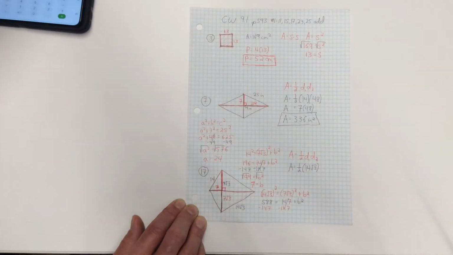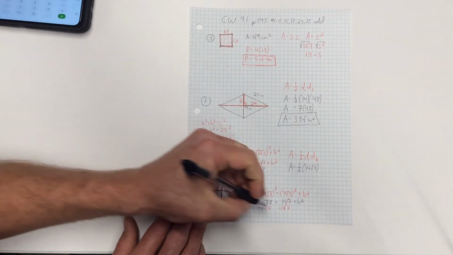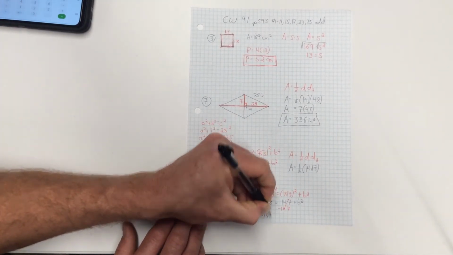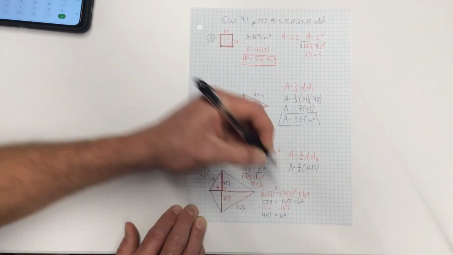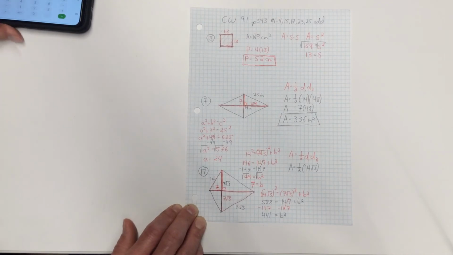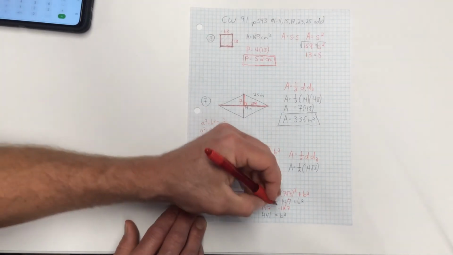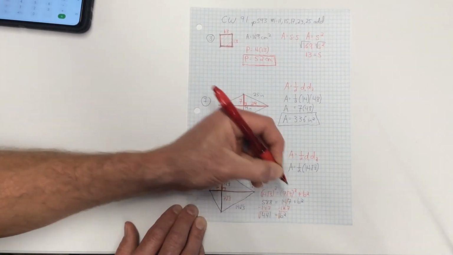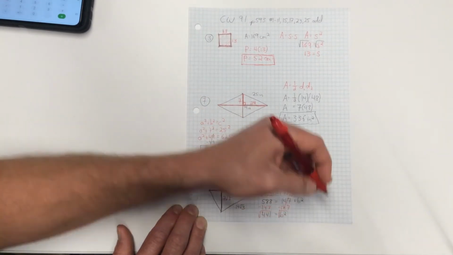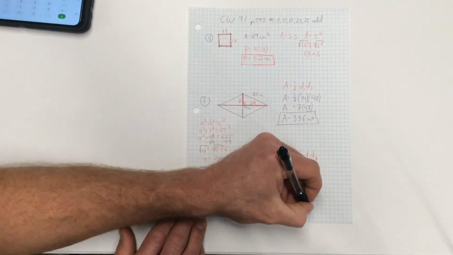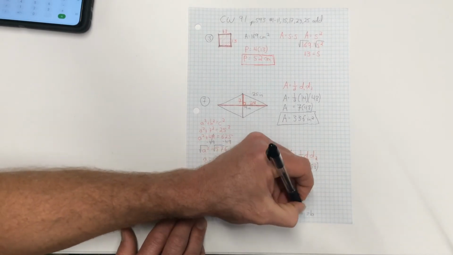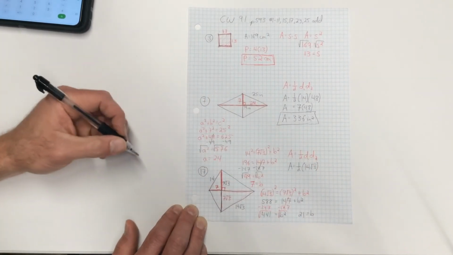Cancels out, and we find out what b squared equals. So 588 minus 147, we get 441 equals b squared. Square root both sides. And hallelujah, it's even again. B is equal to 21.